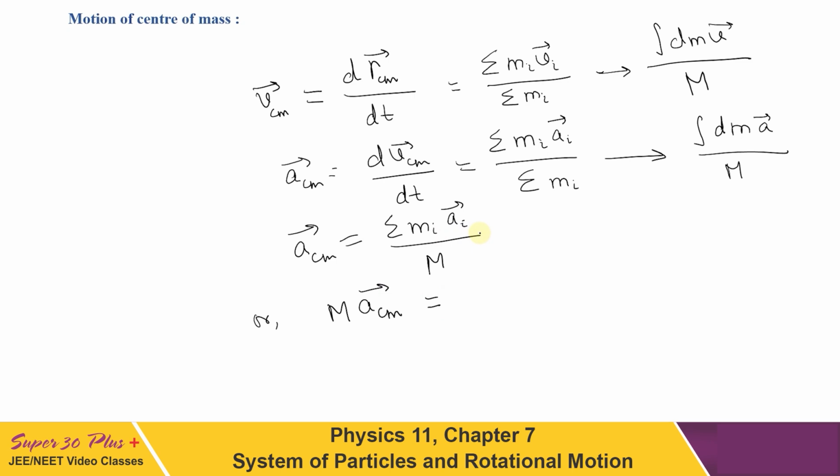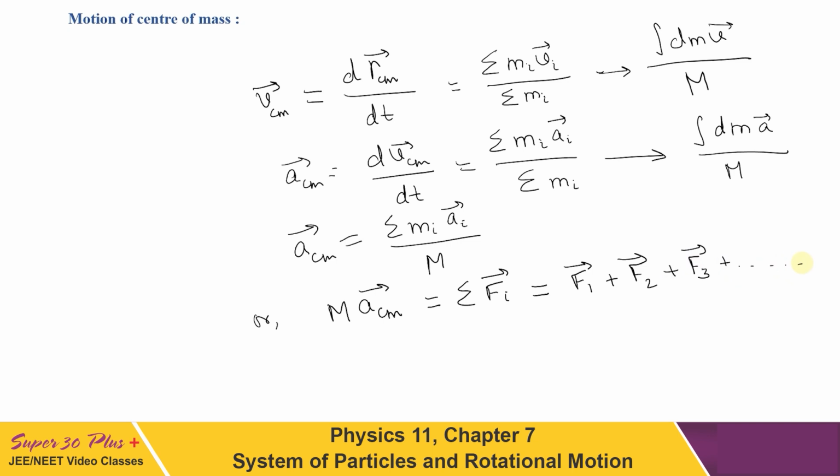What does it mean? MA can be written as F, so it can be written as summation of Fi. This is a very important concept, which can be further written as F1 plus F2 plus F3 and so on, including as many particles as there are in the given system.